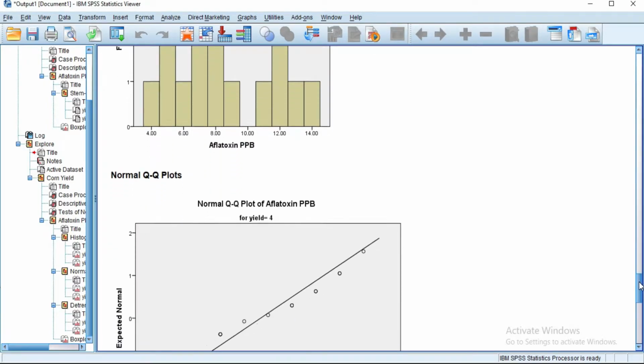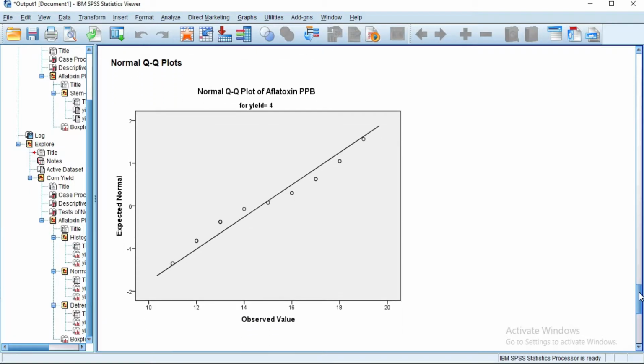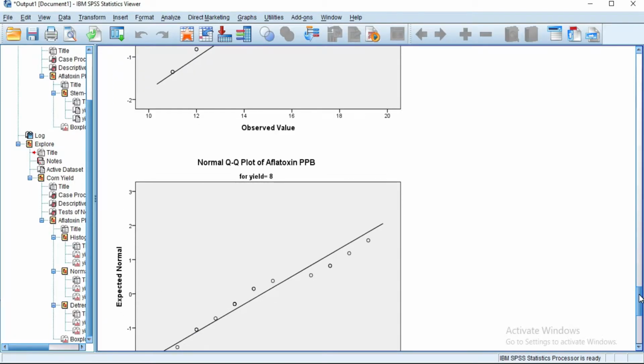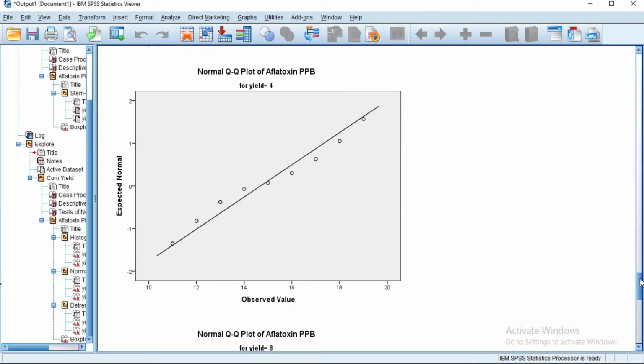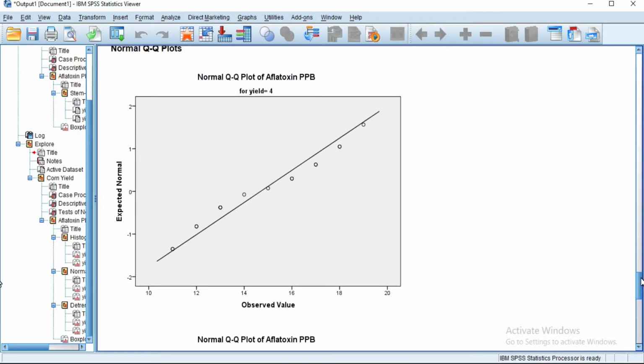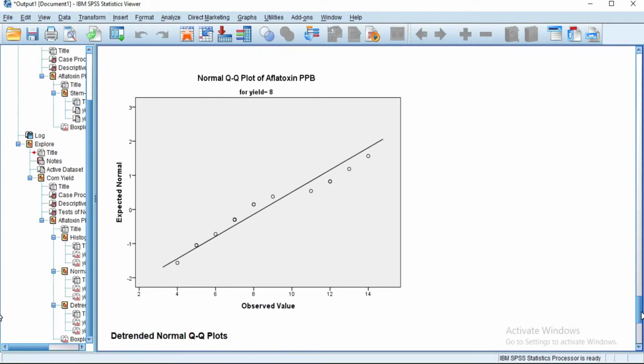And now we have a normal probability plot. So these are some of the plots through which we judge whether our data follow normal distribution or not. So these are called the normal probability plot, the normal QQ plot of the yield number 4, and then we have the normal probability plot for the yield number 8.